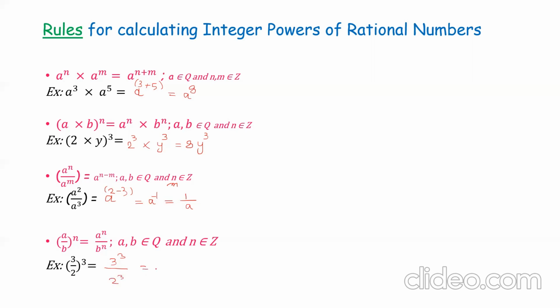And this is equal to 3 to the power of 3, which is 3 multiplied by 3 multiplied by 3, which is 27, over 2 to the power of 3, which is 2 multiplied by 2 multiplied by 2, which is 8.